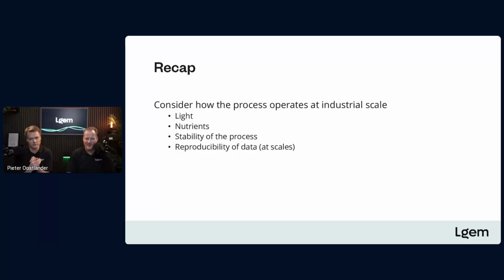Think about the stability. Are you really looking at the effect of the parameter measured, or are many other things impacting your results? And in the end, it all comes down to reproducibility, and that's twofold. Can I reproduce the experiment in lab multiple times after each other? But also, can I reproduce the result from the small scale really at the large scale?